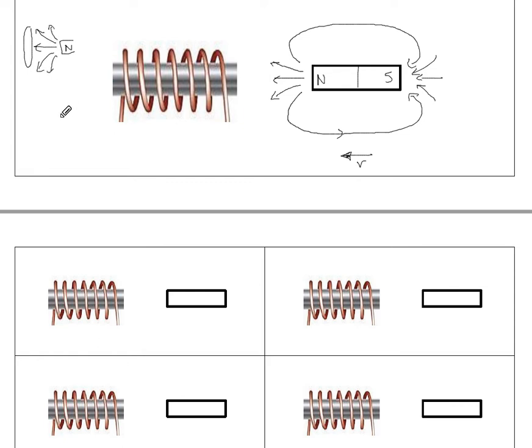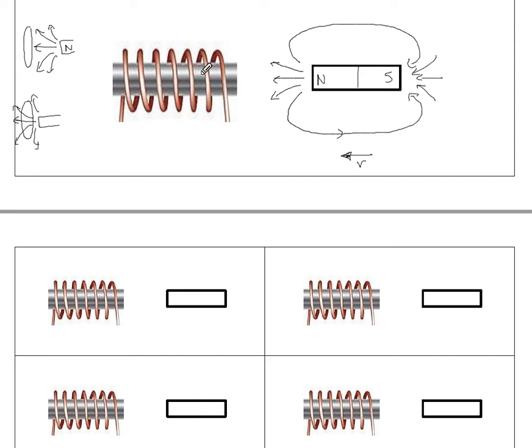But as we bring that magnet closer, more of those magnetic field lines are going to pass through. So as we move this north pole closer, we're increasing the strength of the magnetic field through the solenoid. More and more magnetic field lines are coming through.